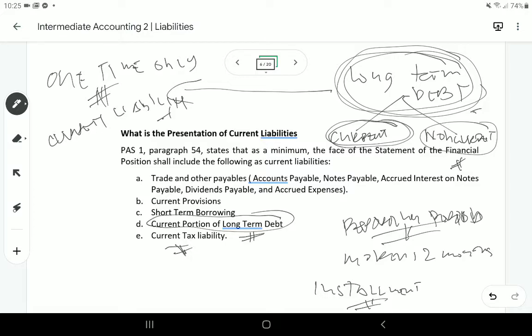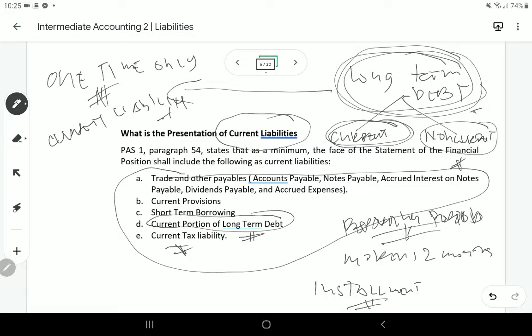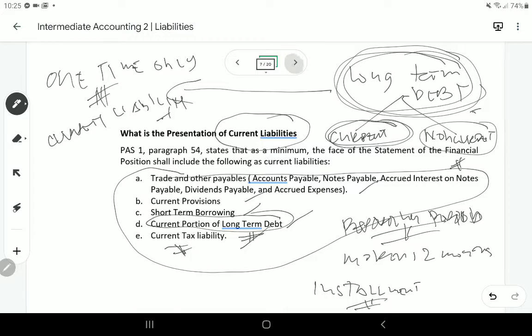So, generally, what we mean by these statements is that the presentation of current liabilities in general includes these 5 line items: the trade and other payables, the current provision, the short-term borrowing, the current portion of long-term debt, and the current tax liability.